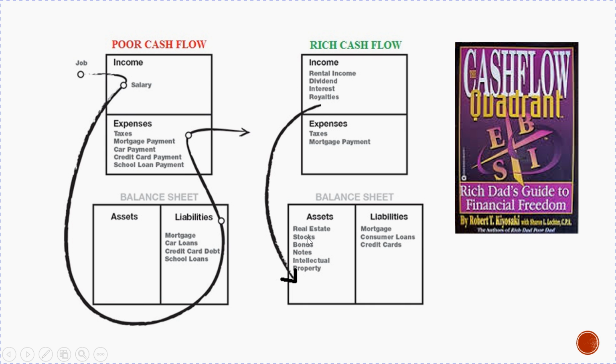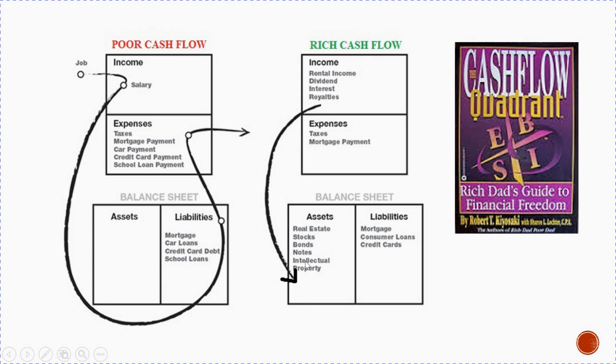So let's have a look at how the correlation relates between a balance sheet and a profit and loss. An example of an asset is real estate, as in property. What does that give you? Rental income. Stocks as an asset. What does that give you? Dividend income. Bonds as an asset. What might that give you? Some sort of interest income.